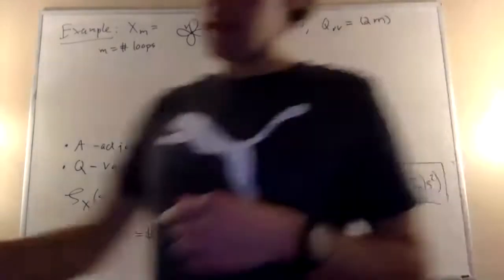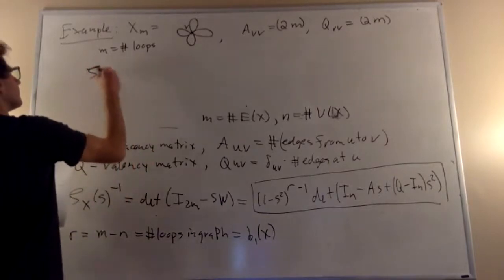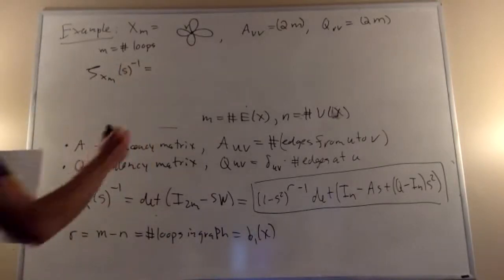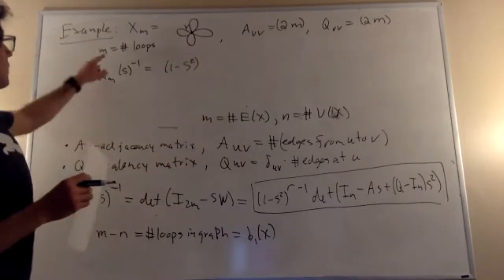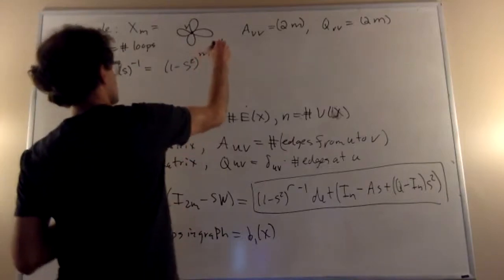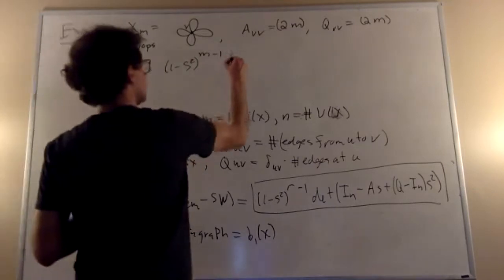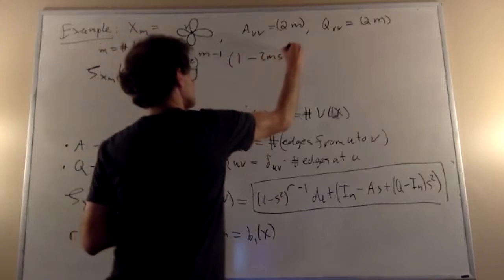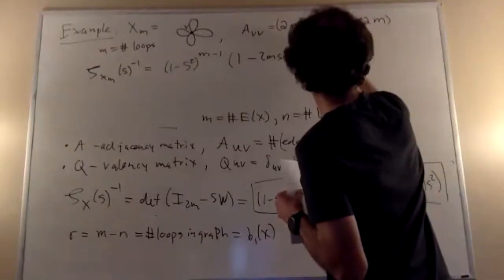And so therefore, if we compute the zeta function, what we're going to get is 1 minus s squared to the power of the number of loops in the graph, which is m minus 1, times 1 minus 2ms plus (2m minus 1) times s squared.